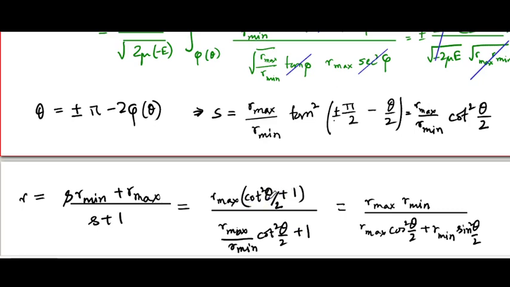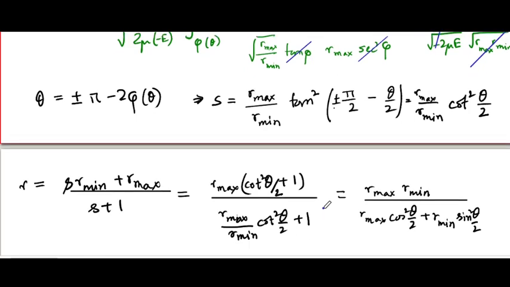Now, cot square theta by 2 plus 1 is of course cosec square theta by 2, and if you divide the numerator and denominator both by that, this becomes cosine square theta by 2, this becomes a sine square theta by 2, and this simply comes out to be this.